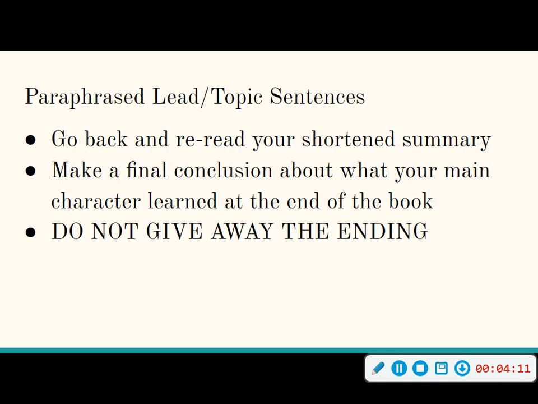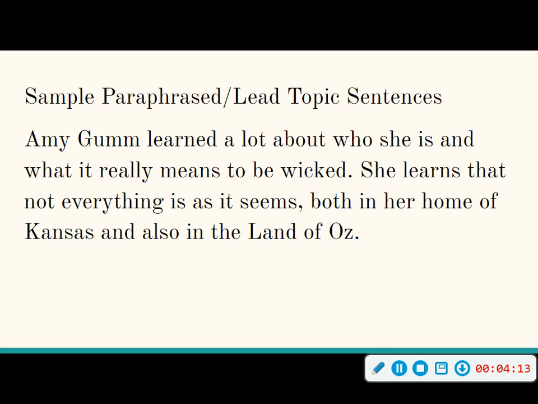So here is my example. Amy Gum learned a lot about who she is and what it really means to be wicked. She learns that not everything is as it seems, both in her home of Kansas and also in the land of Oz. I would keep this 2 to 3 sentences, maybe 4 if you've got more than one main character that learns different things.